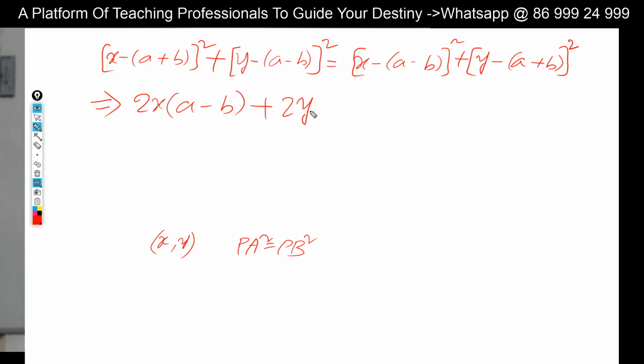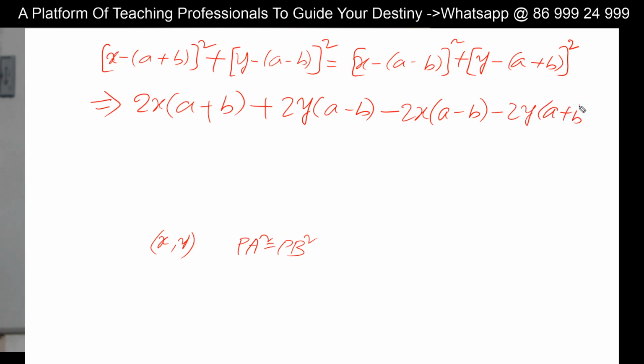Plus 2y into a minus b, and minus 2x into a minus b, minus 2y into a plus b, is equal to 0. 2 gets cancelled throughout.